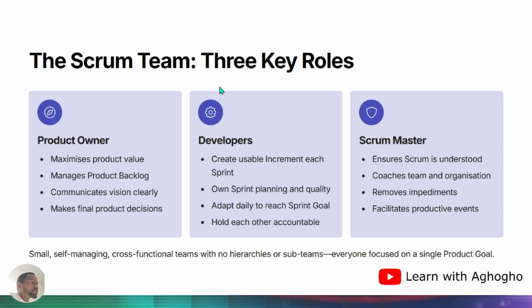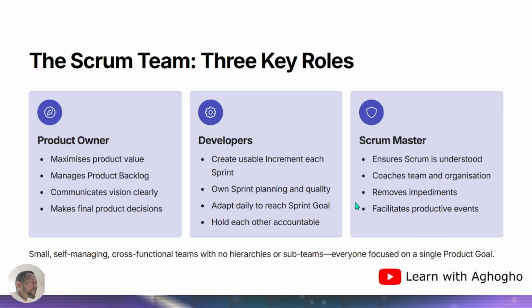Your area will be to make sure that the developers and the product owner understand the principles and the values of applying Scrum in the project, coach and organize the team, remove impediments if there are any, and facilitate productive environments. Okay? These are some of the things that you will be doing as a Scrum Master.